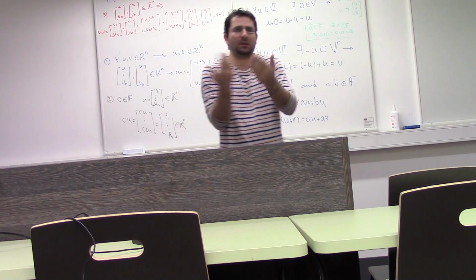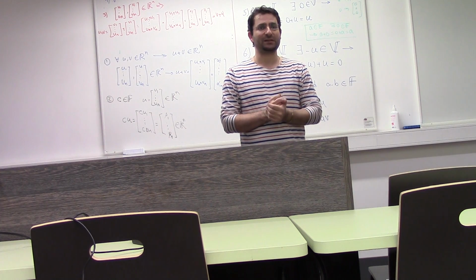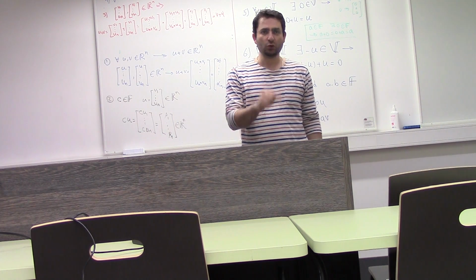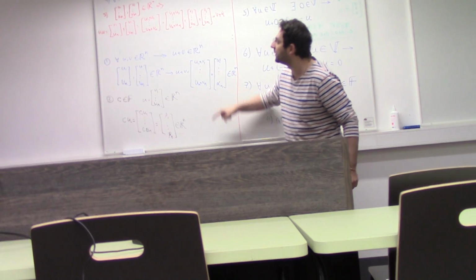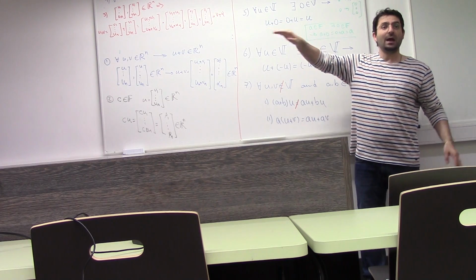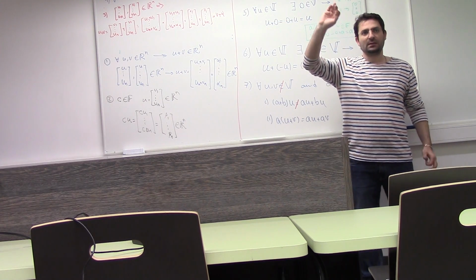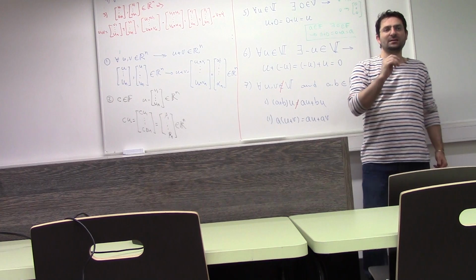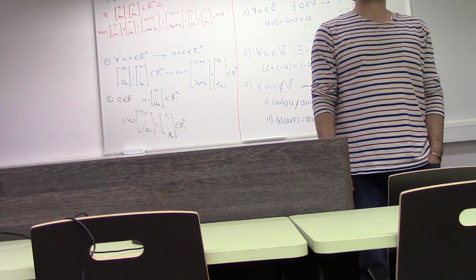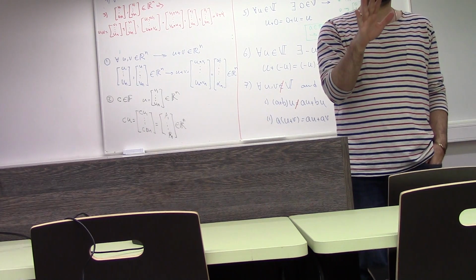But let's say it wasn't obvious for you, and you think that it's a vector space. Before you say that it's a vector space in the exam, you must write all these steps one by one till the end, till the ninth one, and then when everything is okay, you say that this is a vector space. Because just saying it is a vector space, or it is not a vector space, is not enough.